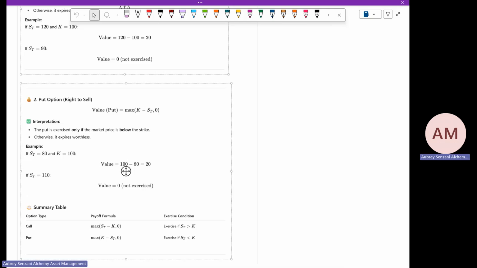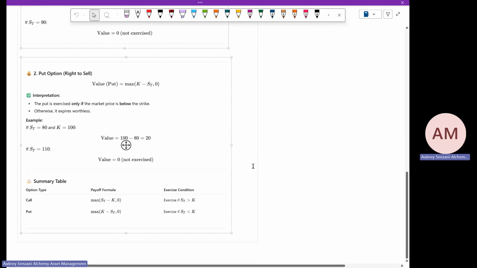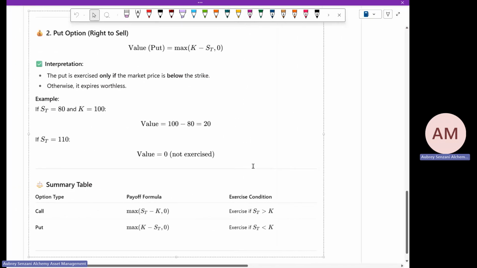I basically explained, so there's nothing more to share there. The max, again, must be greater than 0 for us to execute. Otherwise, there's no money there. The option is not valuable to us at the moment.